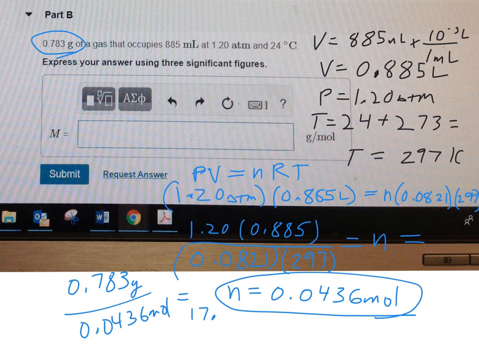Just 17.97 or 18 grams per mole is going to be our answer there. I don't have the answer key, so I'm actually punching it in, making sure I got my answer right here. Yeah, I got my answer right.